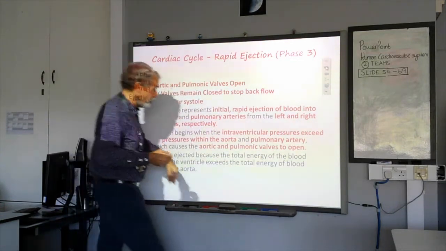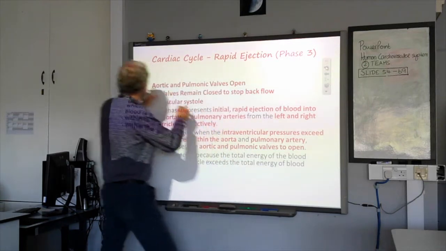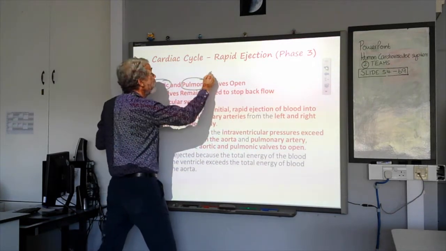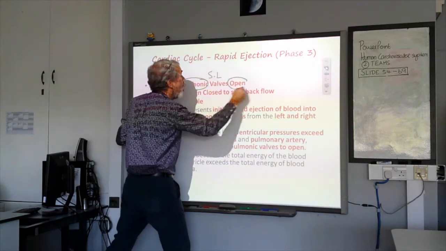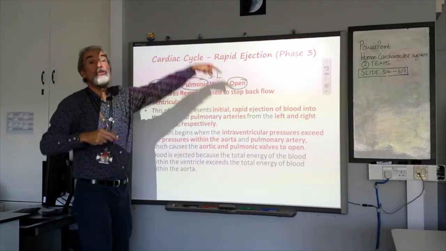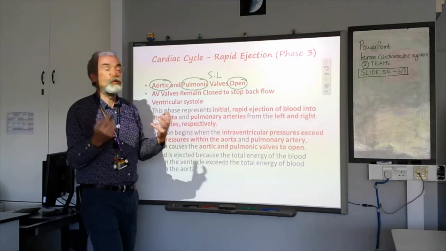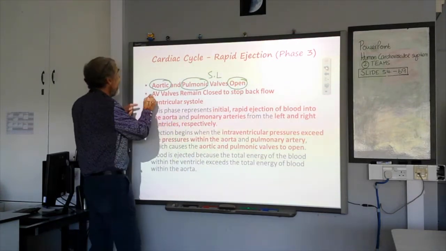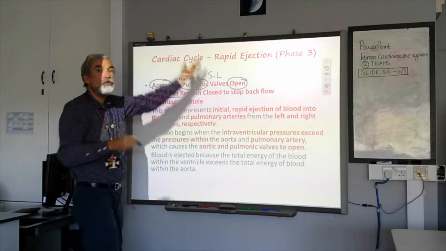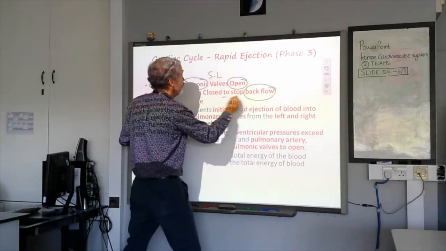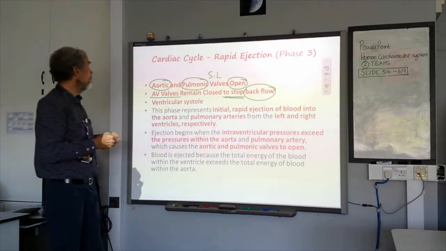And now all of a sudden, for the first time, our aortic and our pulmonary semilunar valves open. What forces them open is the pressure of blood which is in the ventricles. Our AV valves between the atria and the ventricles remain closed to stop backflow.